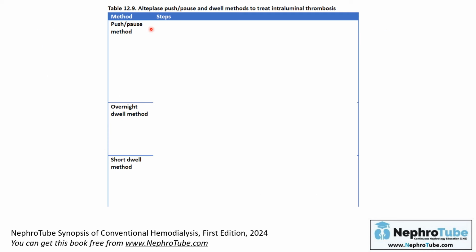We have push-pause method, overnight dwell, and short dwell. The overnight dwell method is the long dwell method. Let's start with the push-pause. First, instill alteplase in each lumen of the central venous catheter.